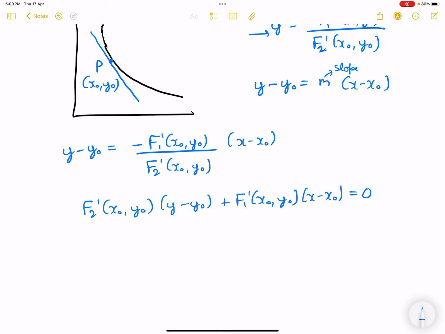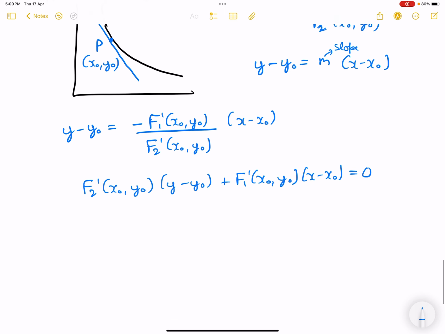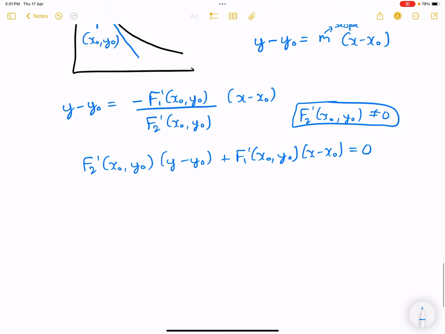I have just simplified this, and the condition is that f2 dash (x naught, y naught) should not be equal to 0, because then the slope won't be defined, and the tangent becomes vertical.